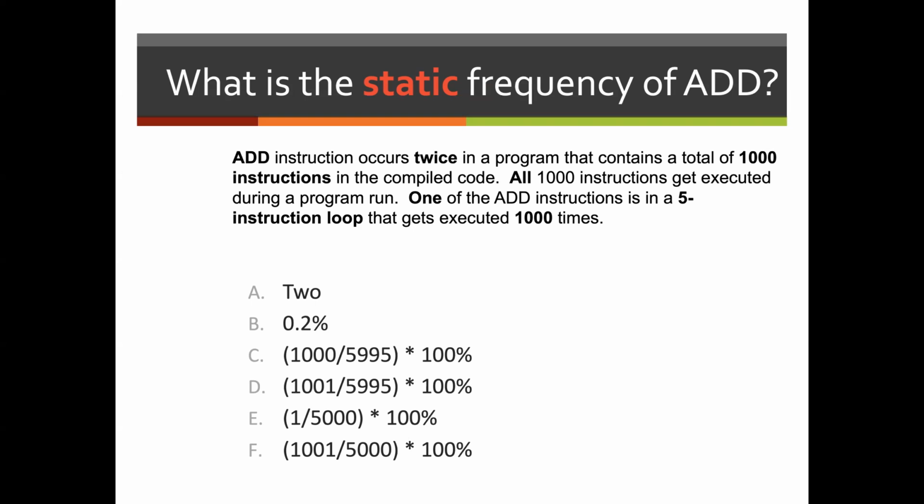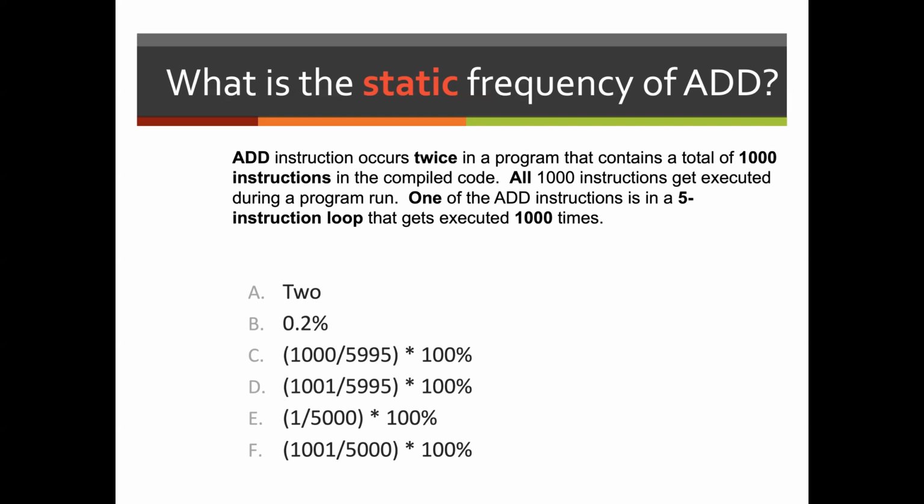We're told that we have an add instruction that occurs twice in the program. So to compute the static frequency of the add instruction, we'll take 2 divided by 1,000 and multiply that result times 100. That will give us B, which is 0.2%.